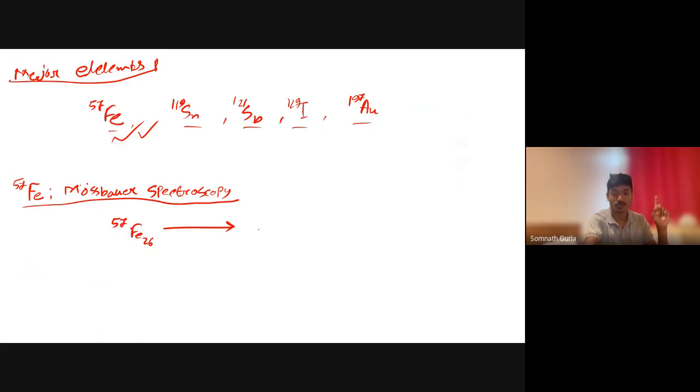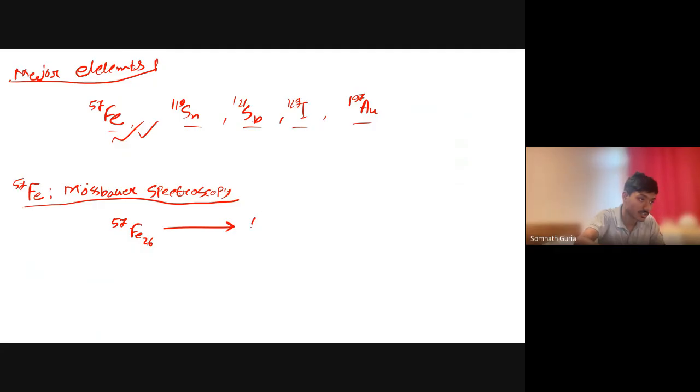There is one major problem: the resolution of Mossbauer spectra is very low because the gamma by E value is 10 to the power 4 times lesser than UV-Vis. So it is a very less resolved spectra, at least 10,000 times less sensitive than UV-Vis optical spectra. But here another problem comes into the picture.